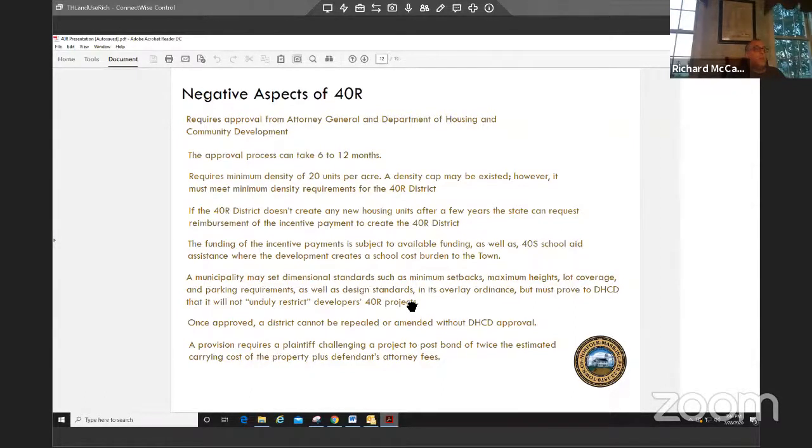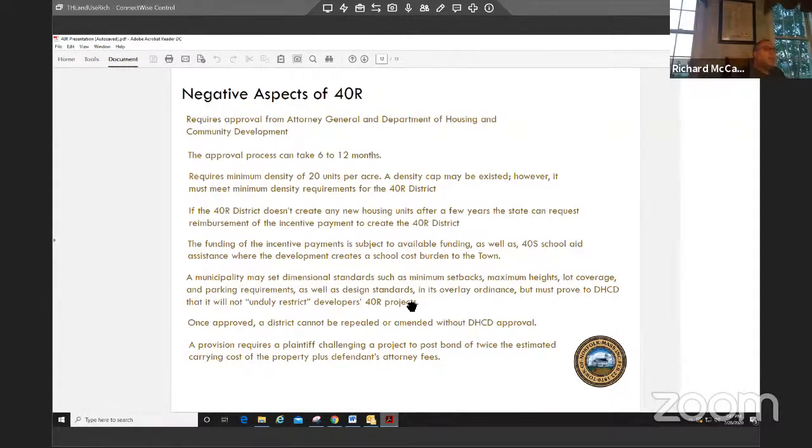So it's certainly something the town could look at: these are where we're drawing the line, and that could be a potential negative, with that oversight and trying to meet certain parameters.